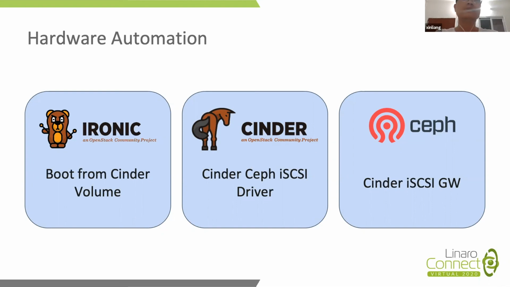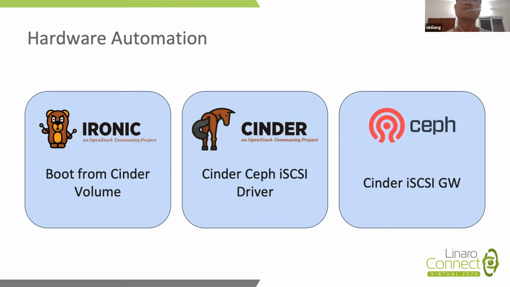Our main goal is to make bare metal machines boot from remote Ceph volumes. Here is the brief view of how Ironic uses Ceph volumes. First, on the rightmost, there will be a Ceph iSCSI gateway to provide the Ceph iSCSI volume.